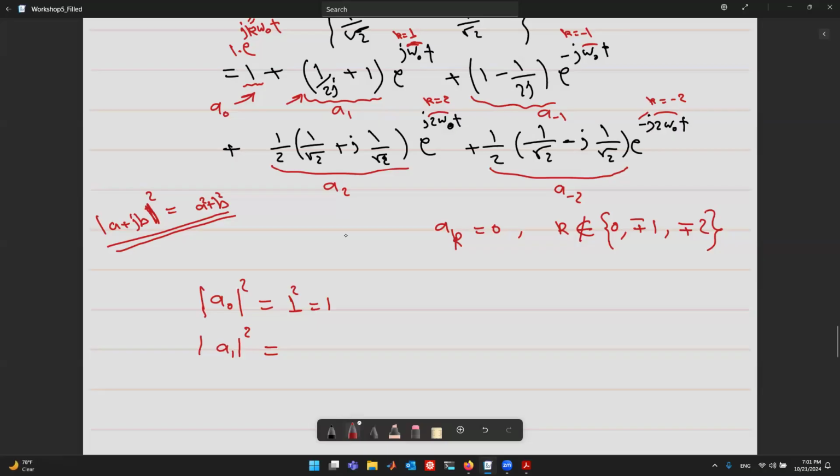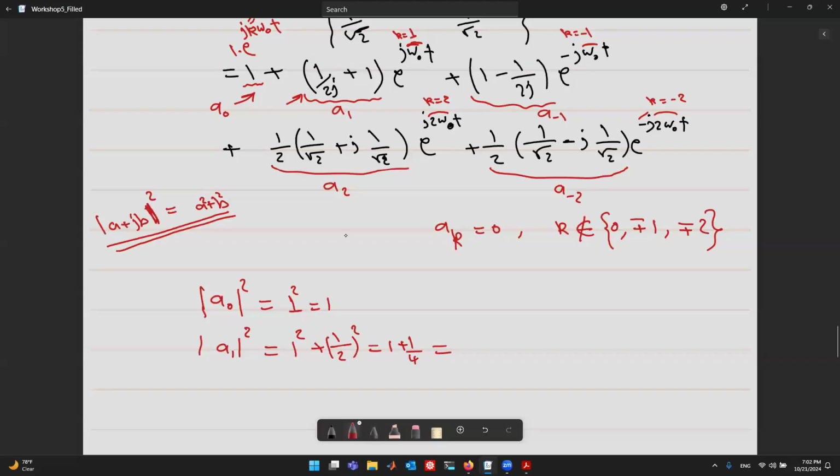Because if you square the j, you will have 1 minus 1/4, which is not correct. We square the real part plus the square of the imaginary part, and we don't take the square root because we are calculating the square of the magnitude. So this is just 1 squared plus 1/2 squared, which is 1 plus 1/4.